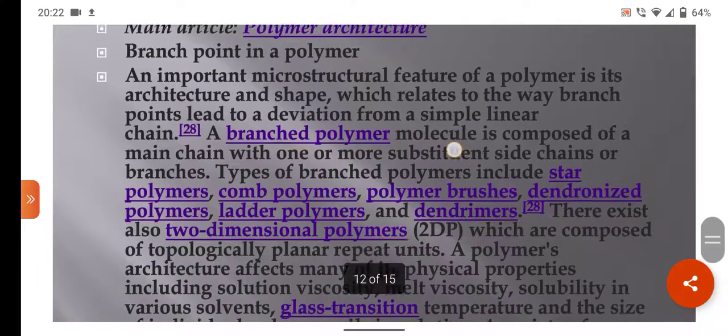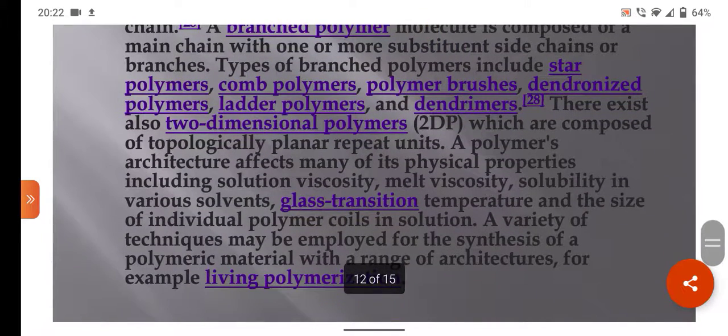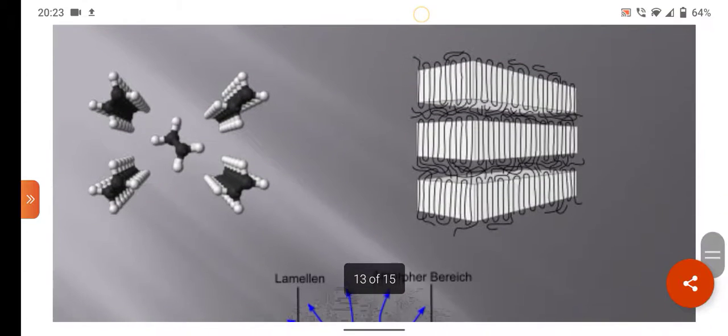A polymer's architecture affects many of its physical properties, including solution viscosity, melt viscosity, solubility in various solvents, glass transition temperature, and the size. Techniques may be employed for the synthesis of a polymer material with a range of architectures, for example, living polymerization.